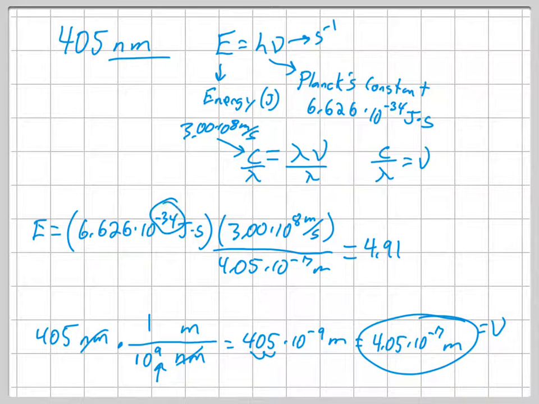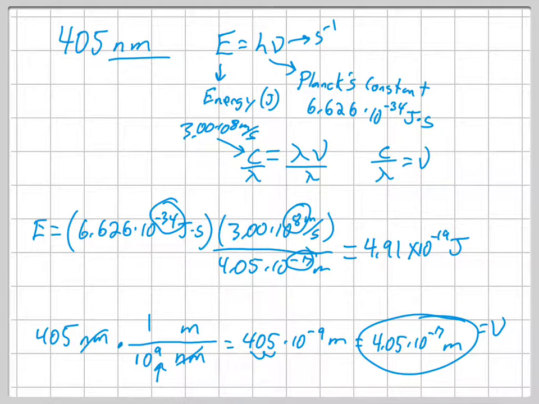So I've got negative 34, and to that I'm going to add 8. And then I'm going to also add 7, because that's a negative and it's on the bottom. So negative 34 plus 15, and I get negative 19. So that's going to be times 10 to the negative 19 joules.